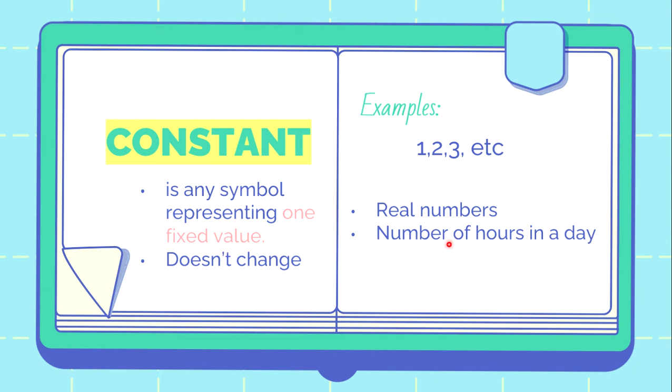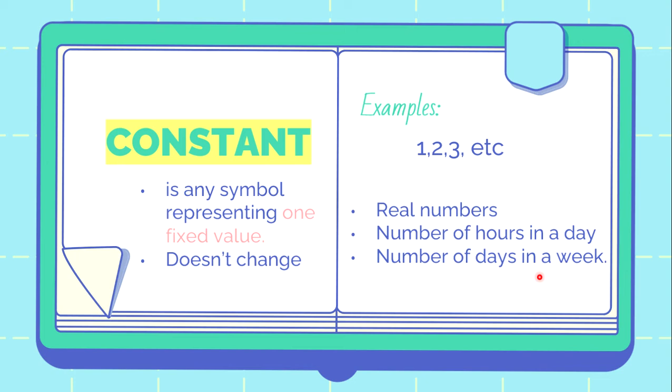Also the number of days in a week is always 7 days. So that is the difference between the variable and the constant. The variable changes and represents a certain value. The constant represents one fixed value and doesn't change.